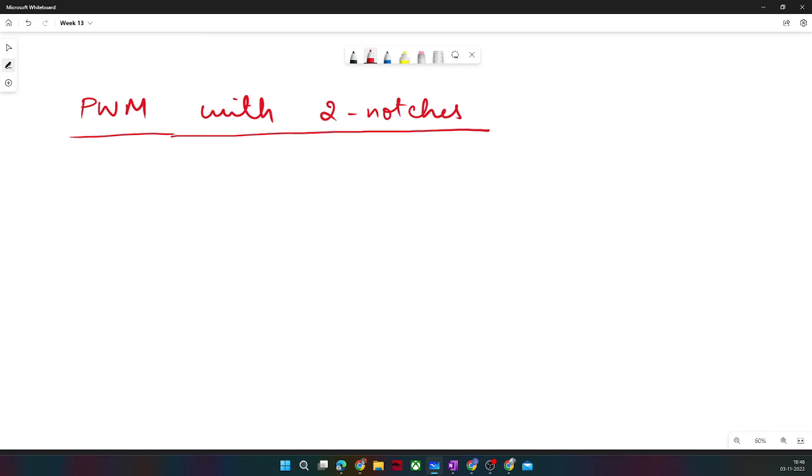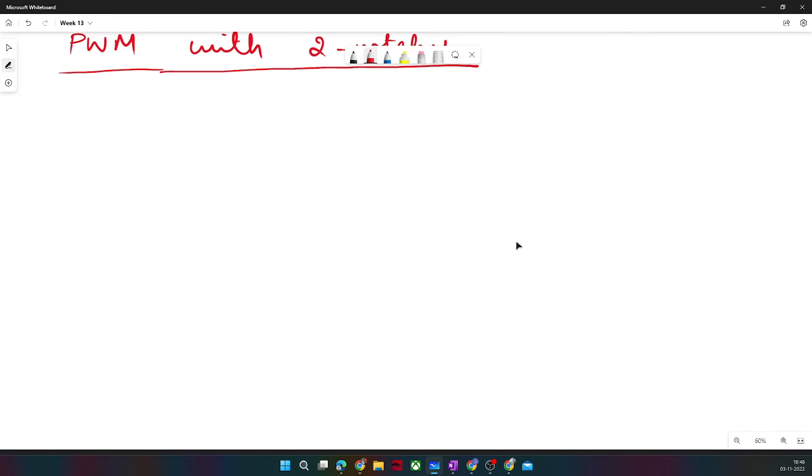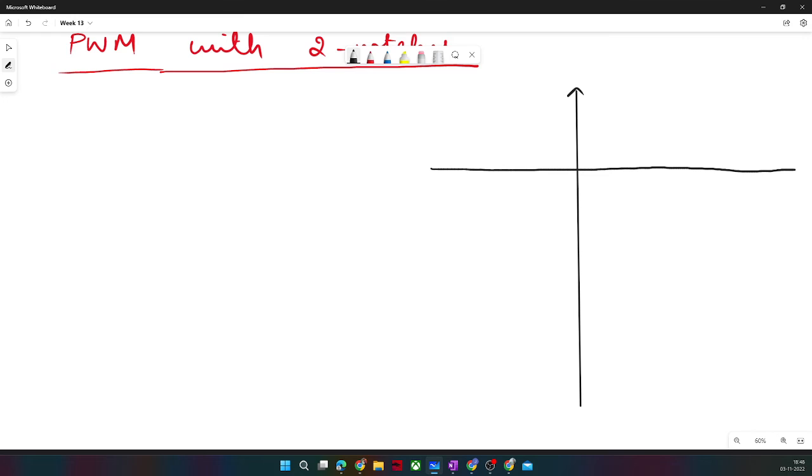Again I have to draw the waveforms. So this will be minus pi by 2 to pi by 2.